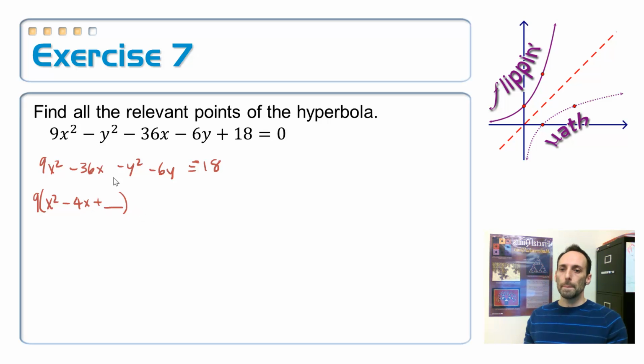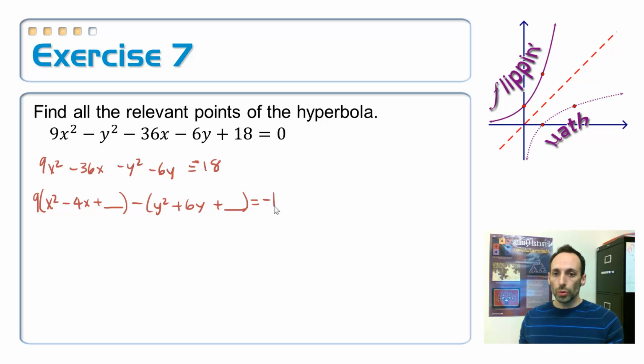Close parentheses on that. Now notice that the y squared has a negative in front of it. I'm going to have to factor that out. So negative and then y squared plus 6y. So that sign changed because I factored out the negative, plus blank equals negative 18 plus blank from the first one, but minus blank from the second one, right?